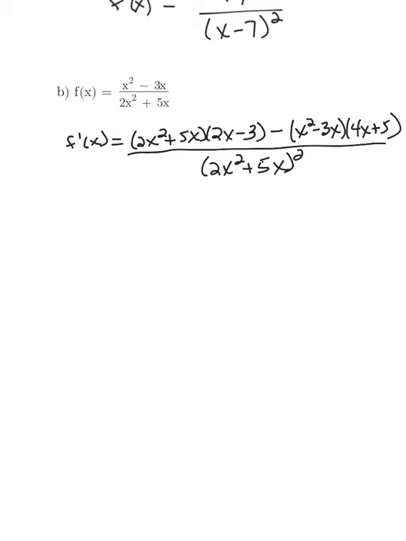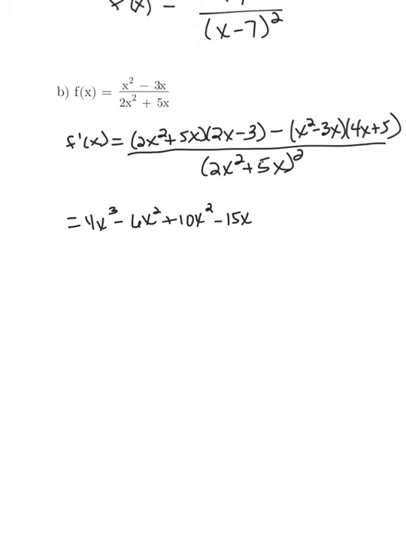When you look at this numerator, notice that we need to do FOIL on both of these sets of parentheses. We are going to get 4x to the third minus 6x squared plus 10x squared minus 15x.